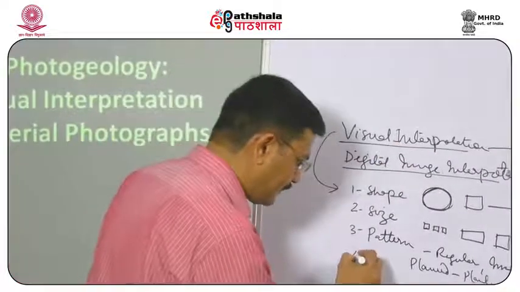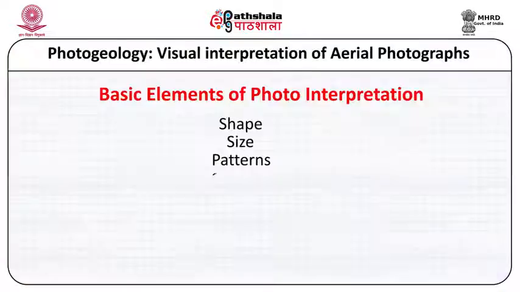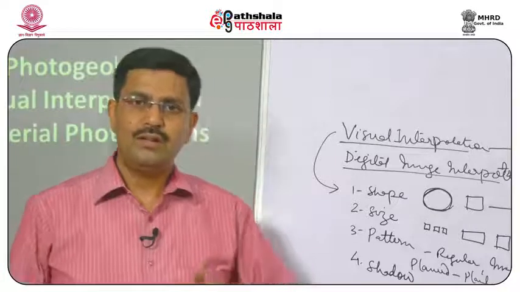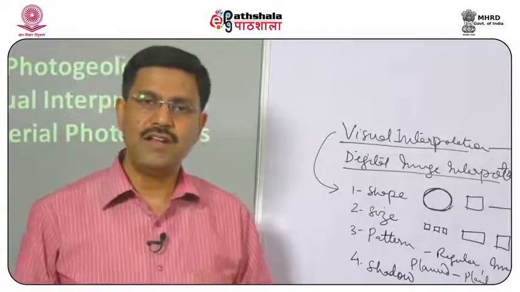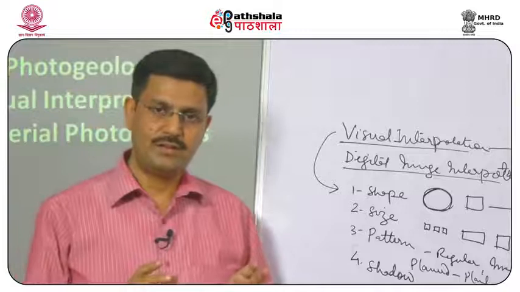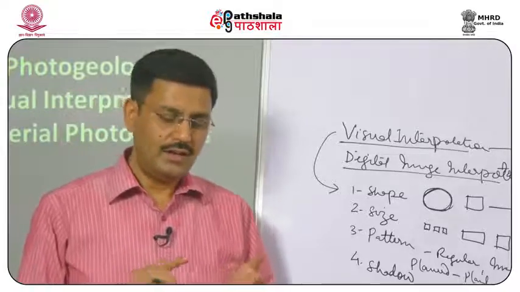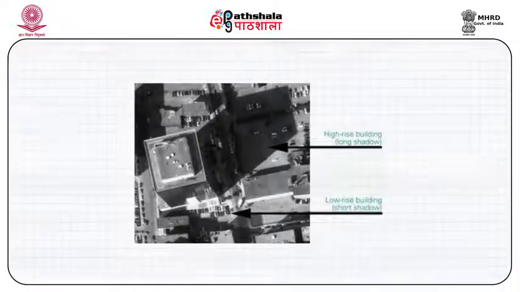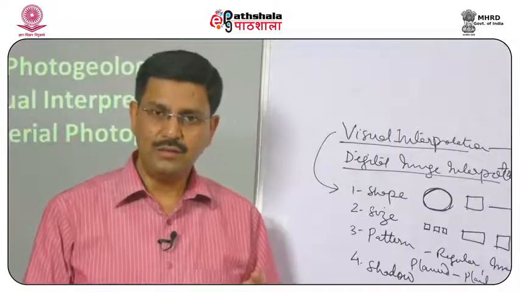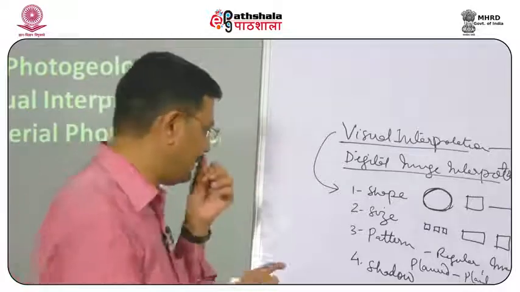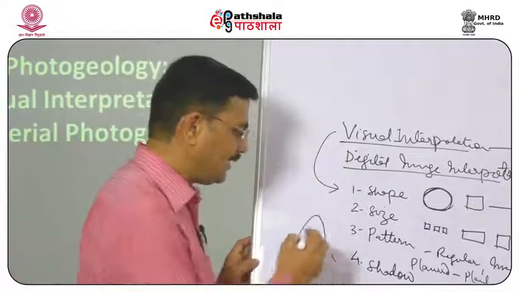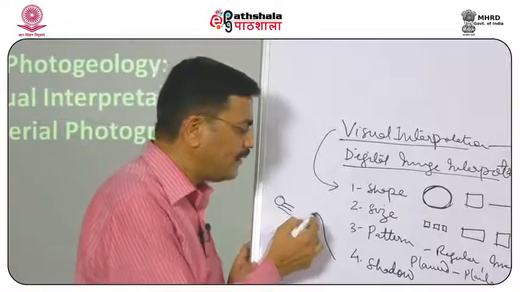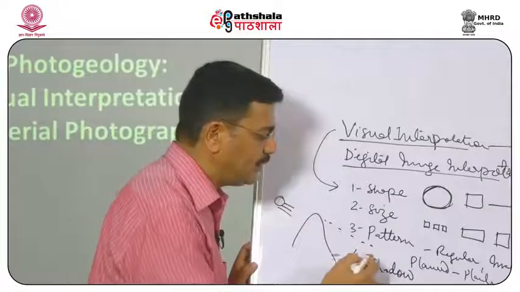Fourth is the shadow. Shadow plays an important role in identifying and interpreting different objects. How? I tell you, it helps in identifying taller buildings, mountains, valleys, plateaus and so on. If you have a tall mountain like this, and the sunlight is coming from this side, it will put a shadow on this side.